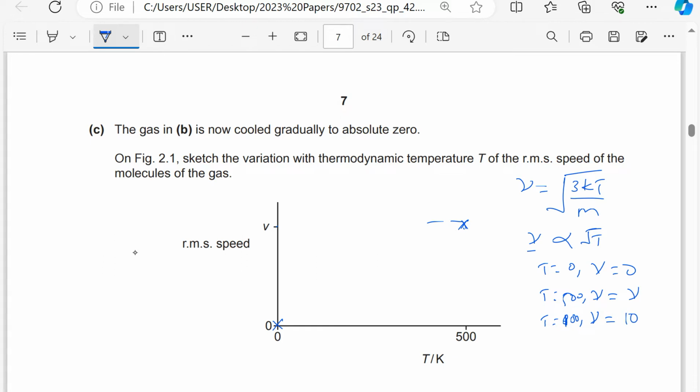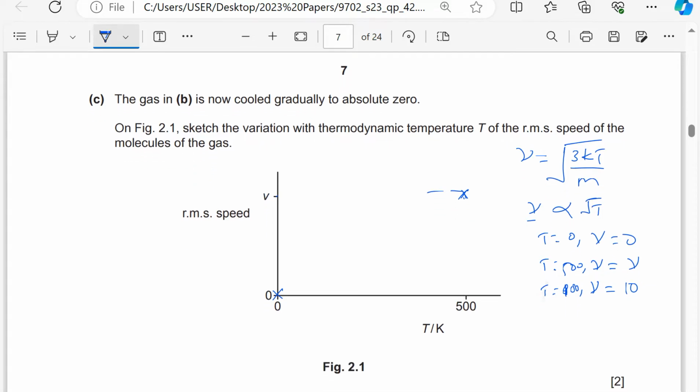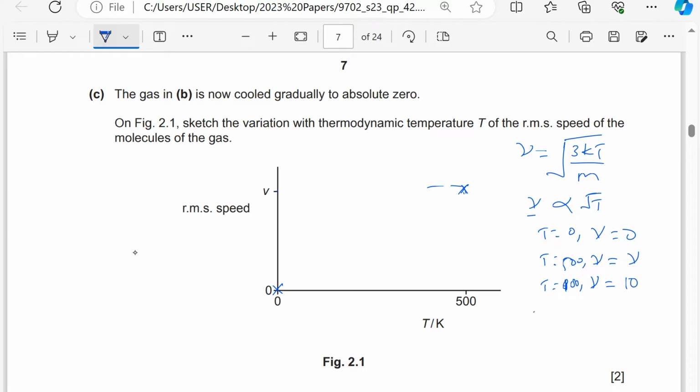So it means T increases more rapidly than V. That means the graph has a decreasing gradient. So I'm going to sketch a curve like that.